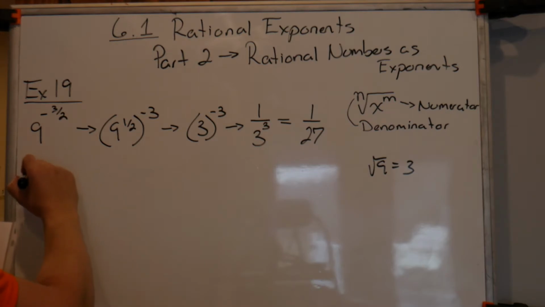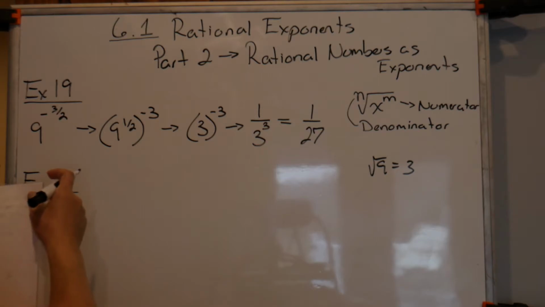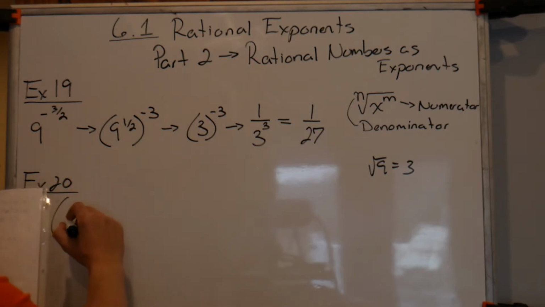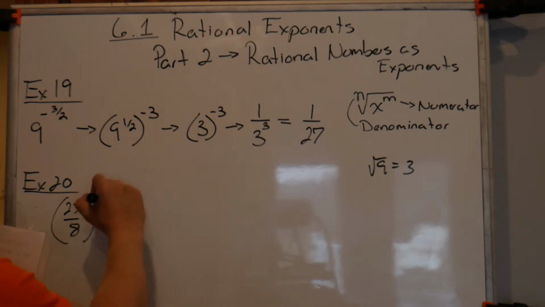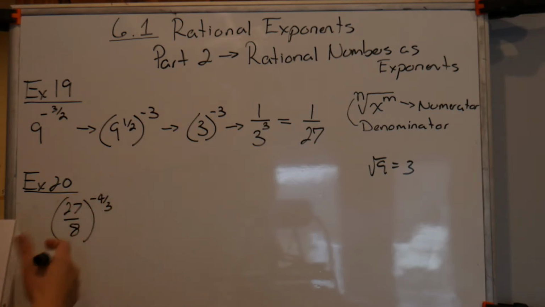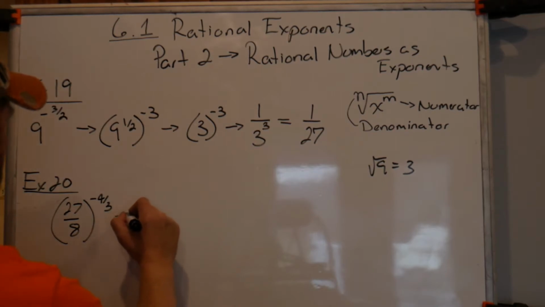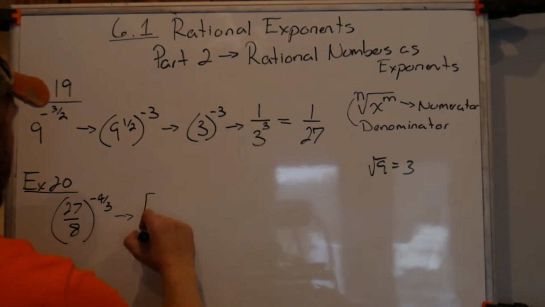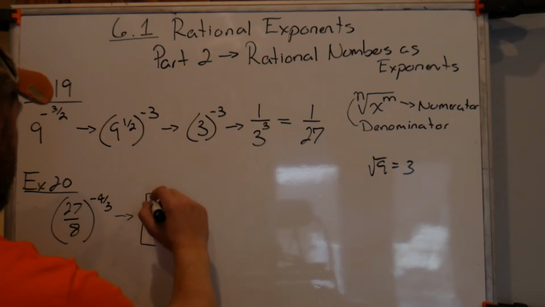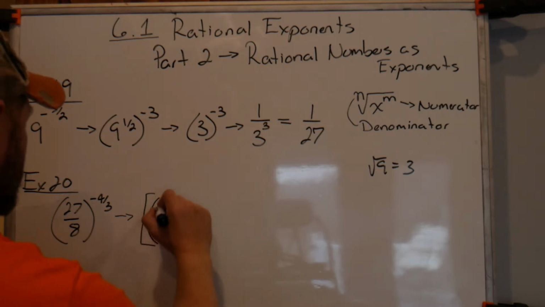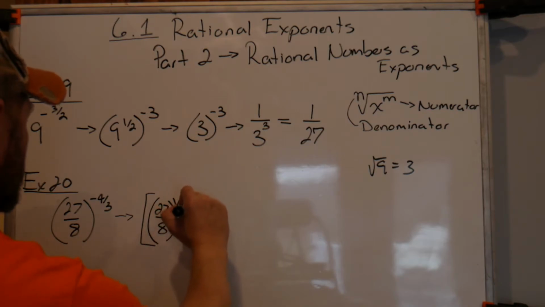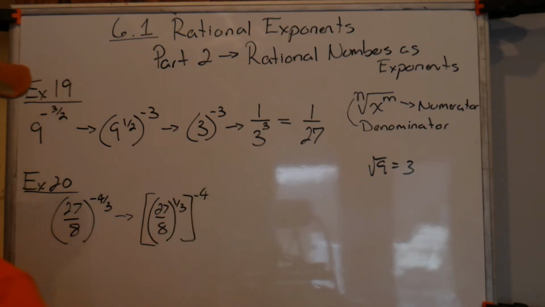Example 20 is pretty much the same thing, but they give us a fraction. Example 20 gives us 27 over 8 raised to the -4/3. Well, we'll do it this way, just so you can see everything.